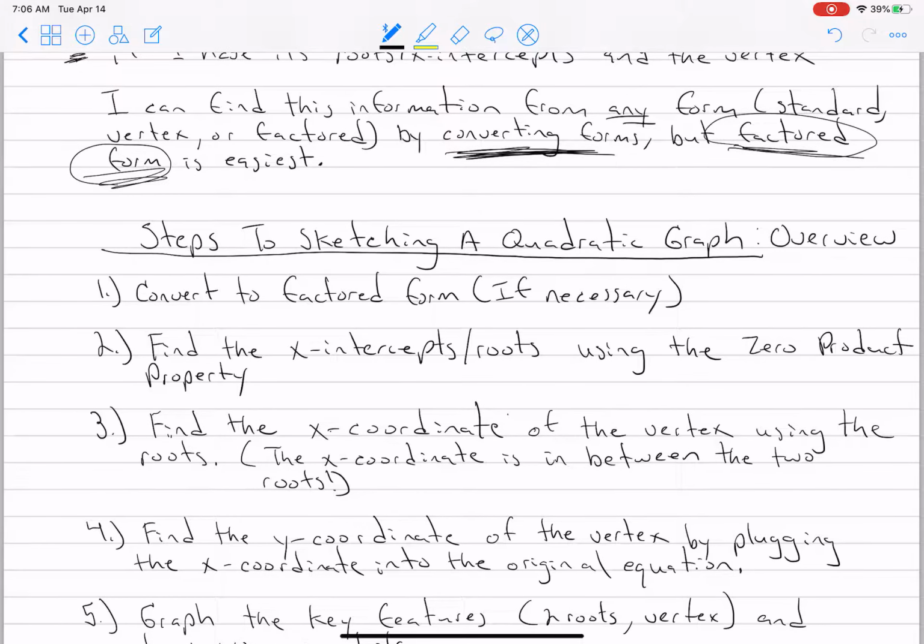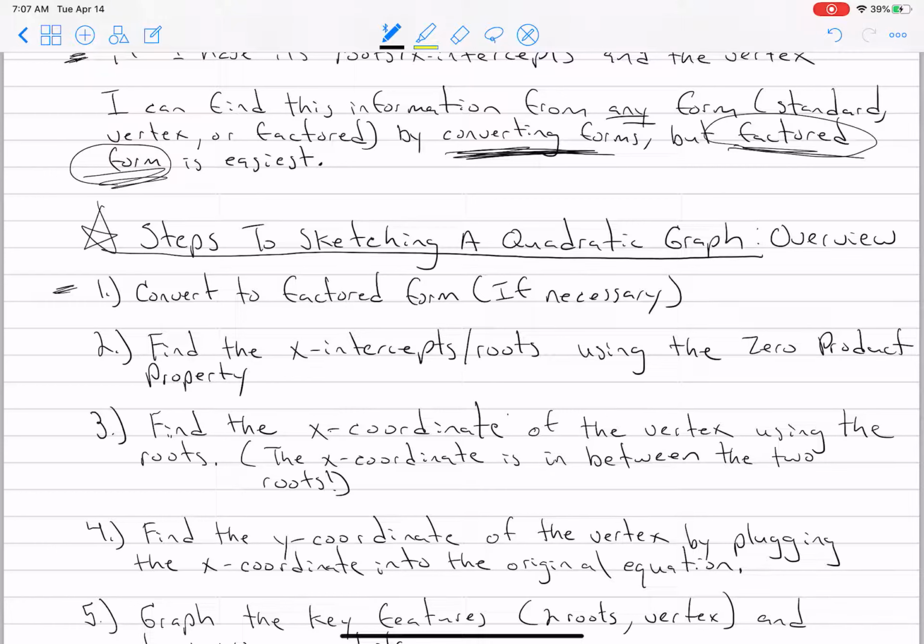Now here are your steps. I'm preloading you with the information, and then we're going to do it together and talk about why. Here are the steps to sketching a quadratic graph, the overview. Again, you should be writing this down, pausing as each one goes. First, convert to factored form if necessary. If you are in standard form, factor it.